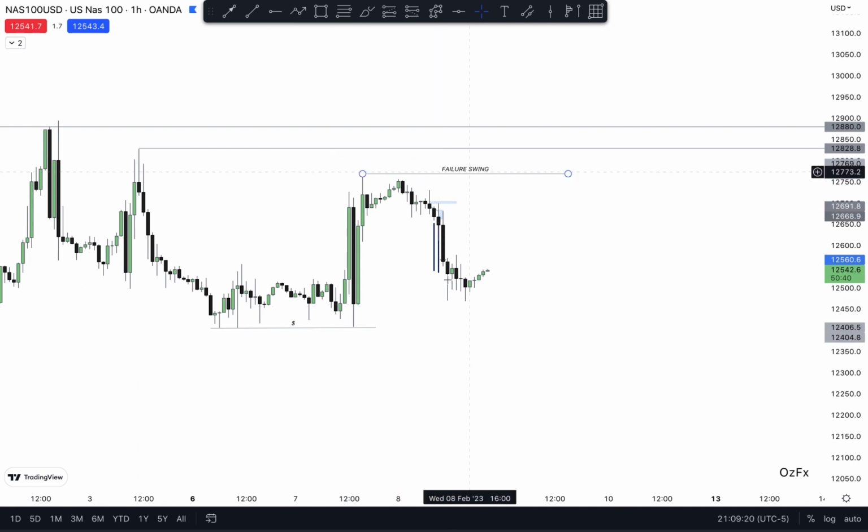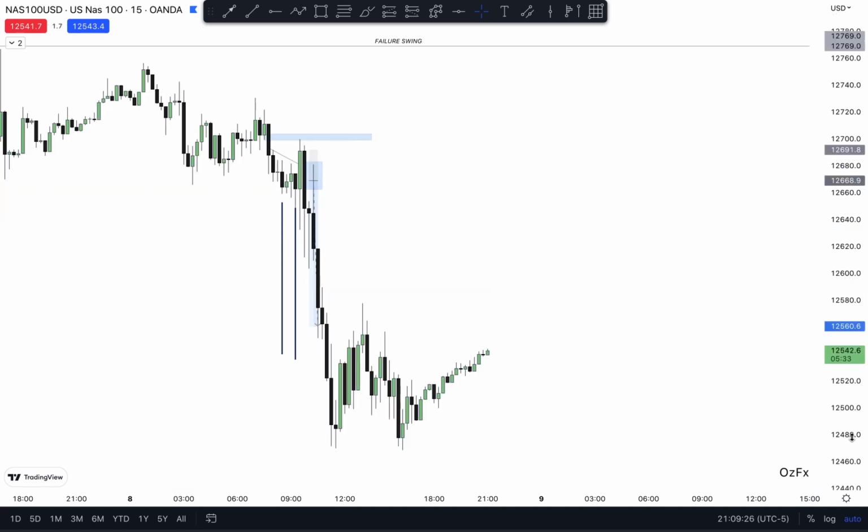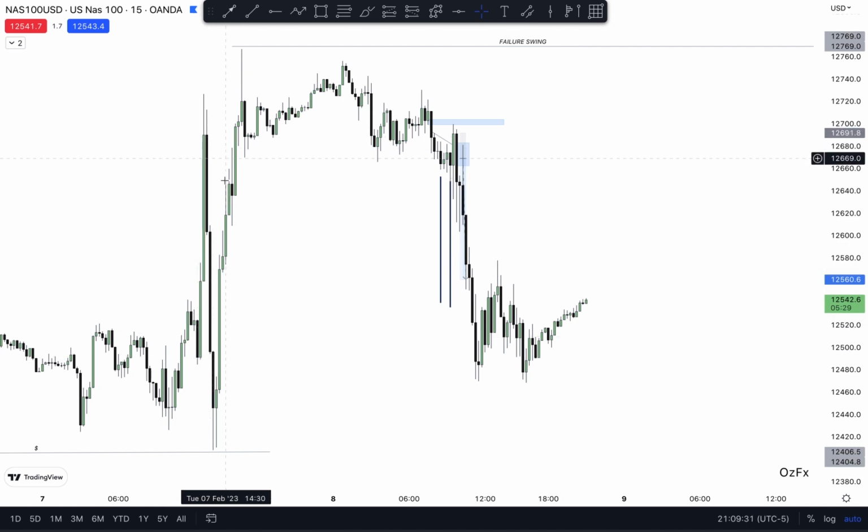All right, so let's go down and break this down a little bit. Let's first start at the 15-minute time frame. Okay, and if we look on the 15-minute time frame, we immediately look over here and we see this big long range right here. And what do we usually think is going to happen when we have a big long range like this, especially when you have an imbalance inside of it?